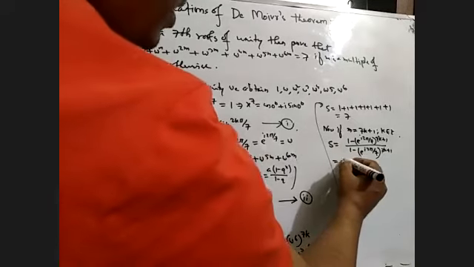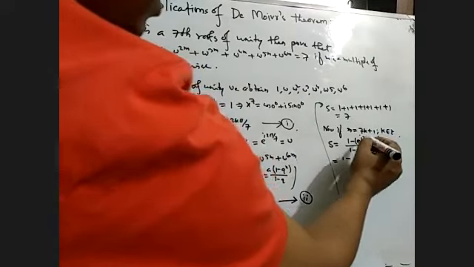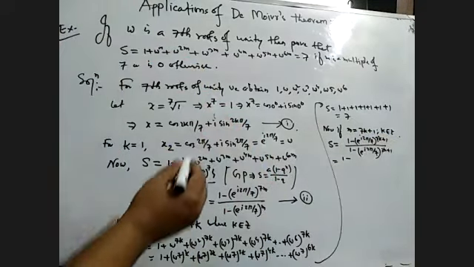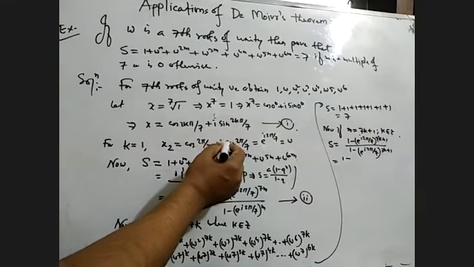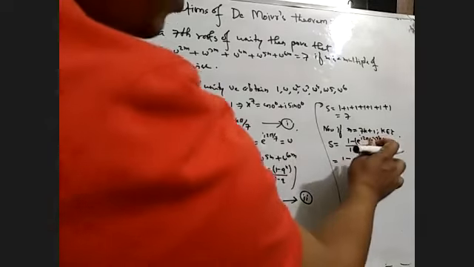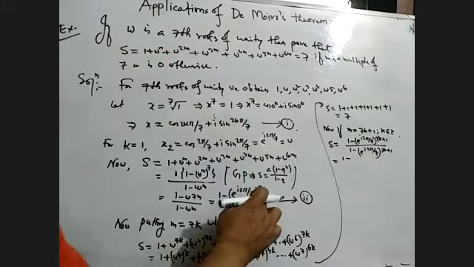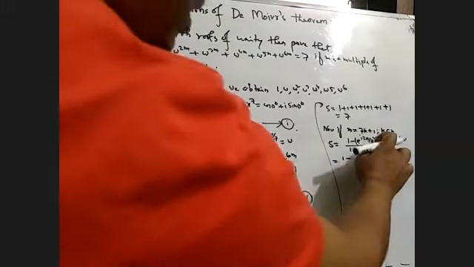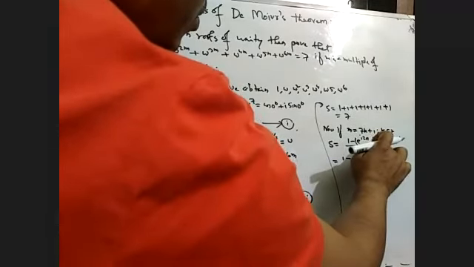Now this can be written as 1 minus e to the power i twice pi by 7, which means cos twice pi by 7 plus i sin twice pi by 7. And this 7 will be cancelled.